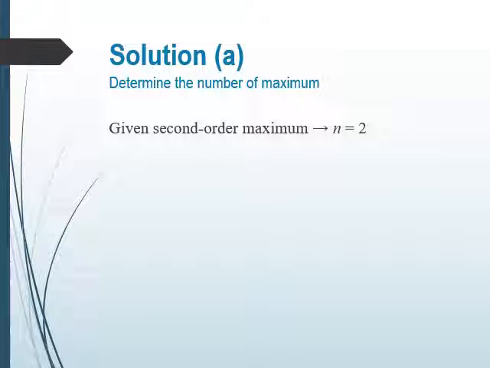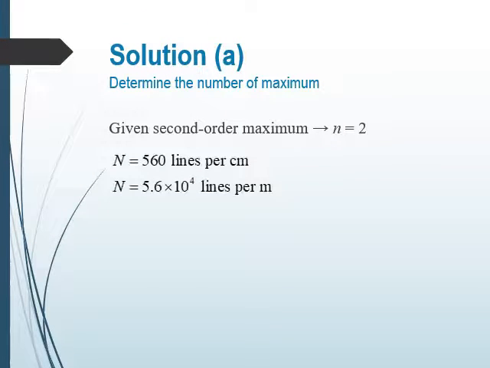And don't forget to change everything to SI units, especially the number of lines per unit length. Given N is equal to 560 lines per cm, if you convert it correctly, you are going to obtain N equals 5.6 times 10 to the power of 4 lines per meter.